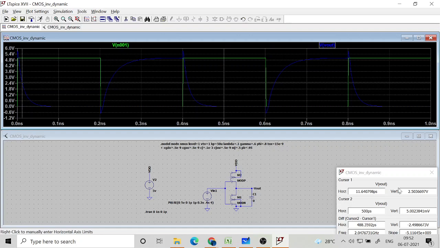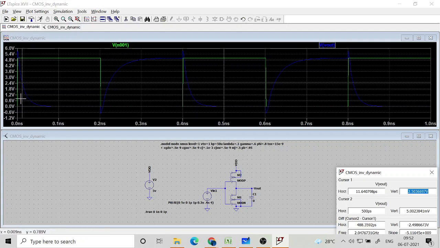You can see that it is 2.5 here, and the time taken for reaching the 50% point is 11 picosecond. There is no delay involved, so from 0 to 11 picosecond, that is the time in which the 50% point is reached.